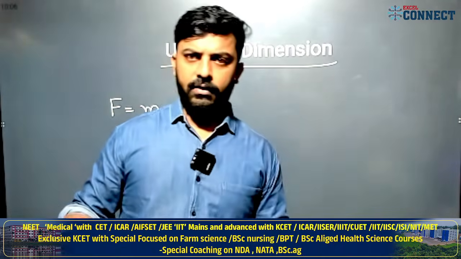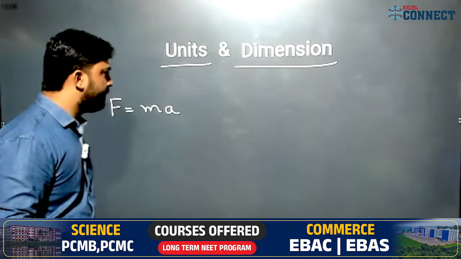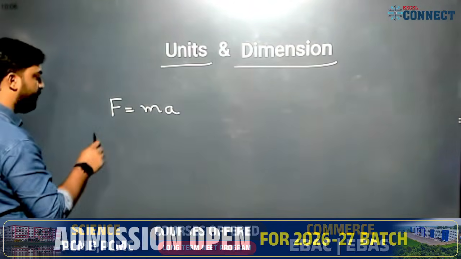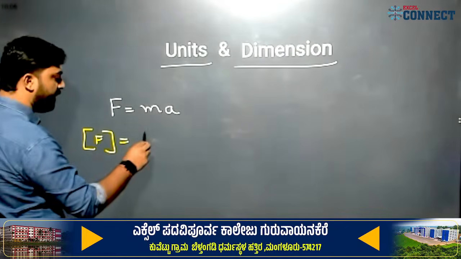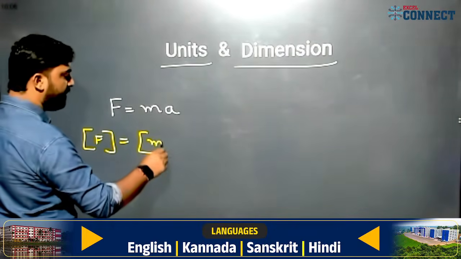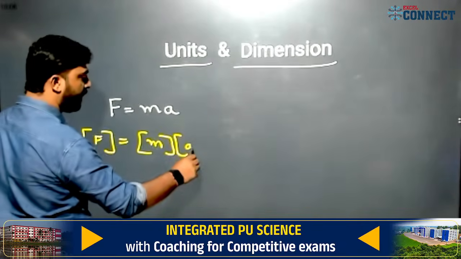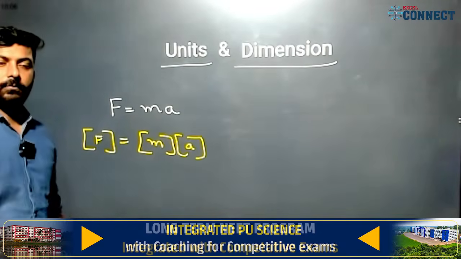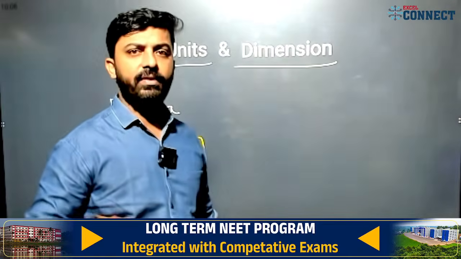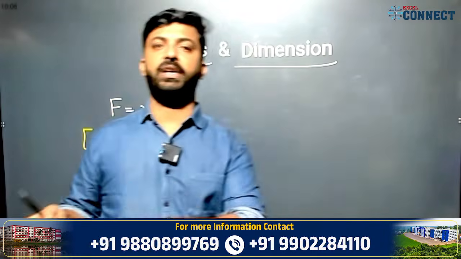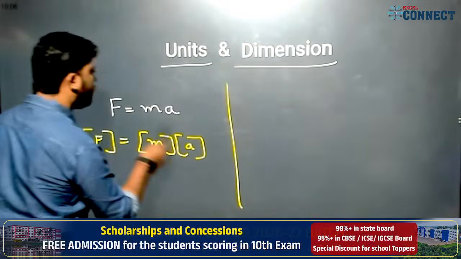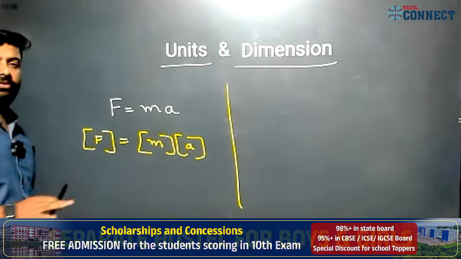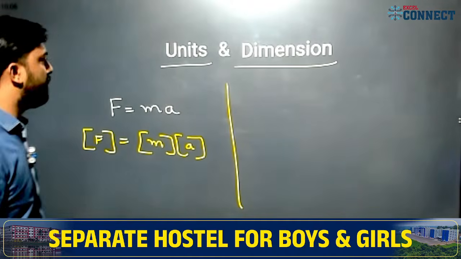According to this, an equation is correct if the dimensions on the left side and right side are the same. An equation is correct when the dimensions on both sides are equal.